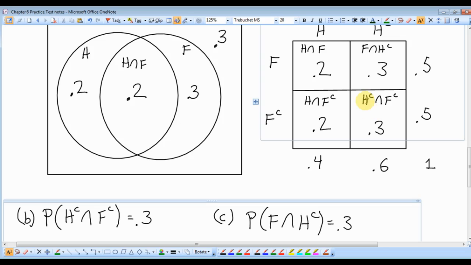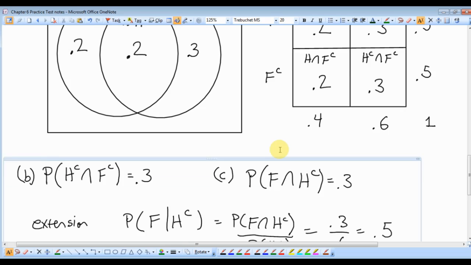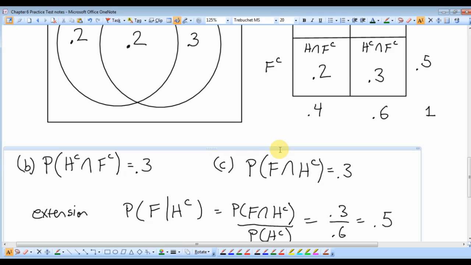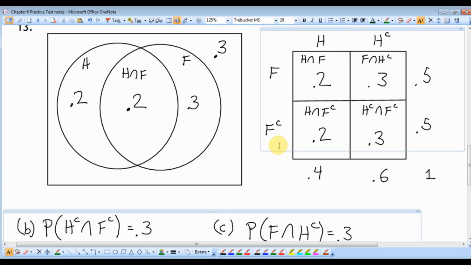Not Harvard and not Florida is 0.3. Letter C: what's the probability that she gets into Florida but not Harvard? 0.3.